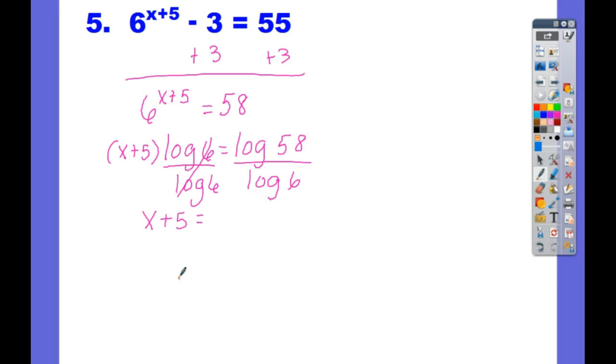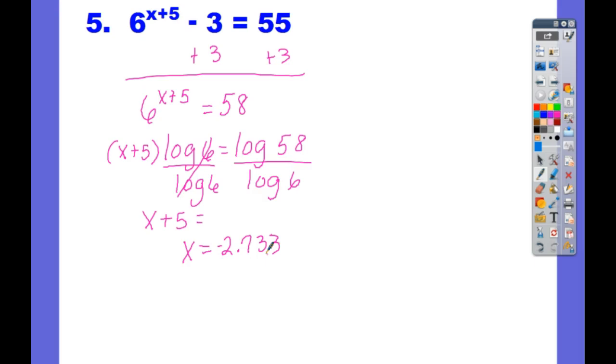Can I have a negative answer? Oh, yeah. What cannot be negative? The base and the big number, right? Well, these aren't written that way, so it doesn't matter.